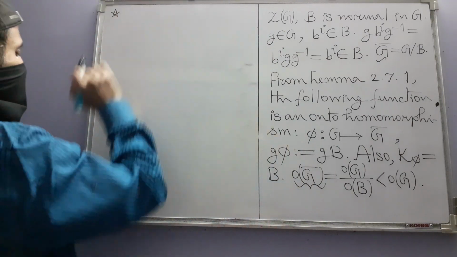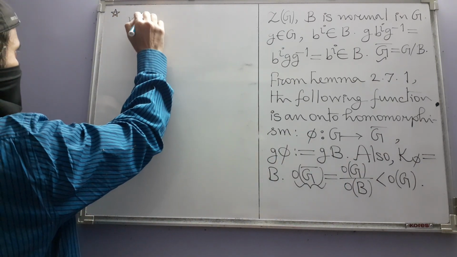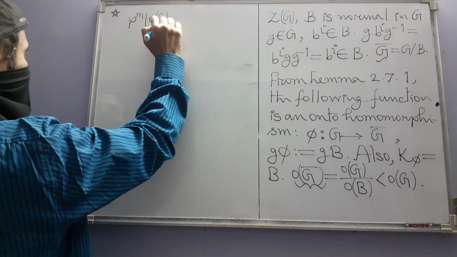You know that the order of G is already divisible by p to the power m.